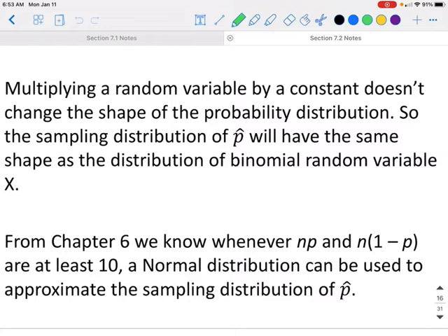So as long as both are at least 10, we can use a normal distribution to approximate the shape. And since we're just multiplying x by a constant to get our p hats, the p hats will also be normally distributed.